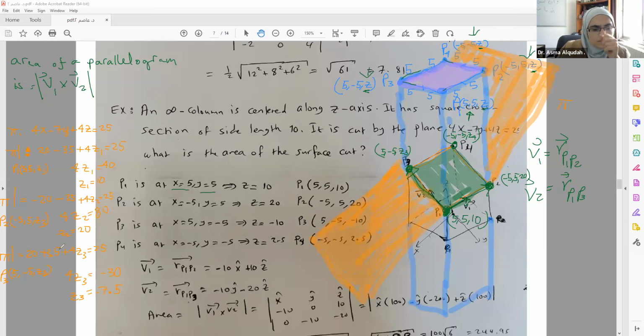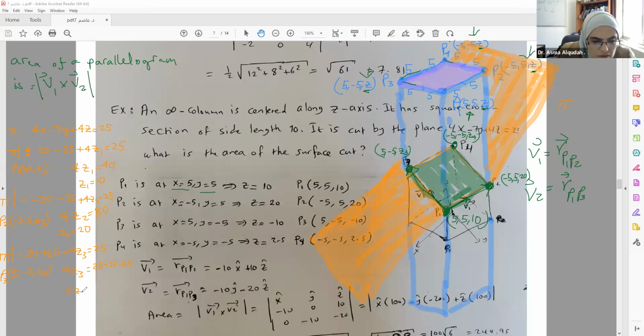Let's see, for 5 minus 5, we have 20 plus 35 plus 4z3 equals 25. So 4z3 is equal to 25 minus 20 minus 35. This is 5 minus 35, which is minus 30.